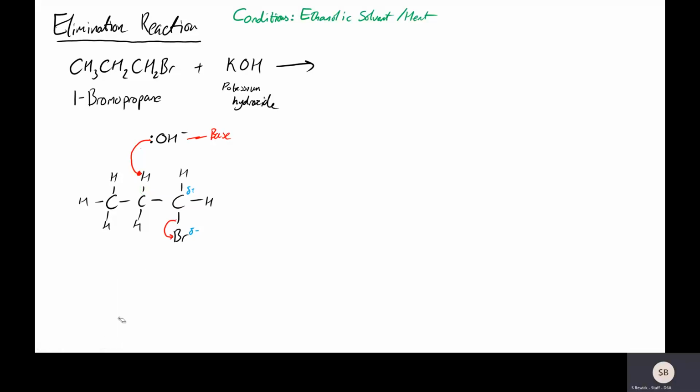So the electrons that were in the carbon-hydrogen bond where the hydrogen got taken off as the base, the electrons from that bond are going to form a bond between those 2 carbons.